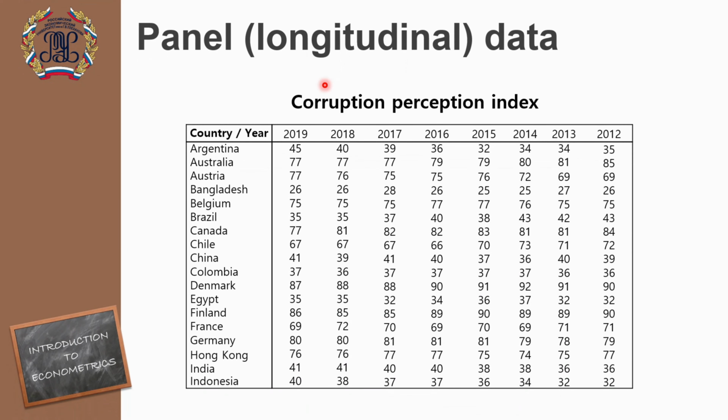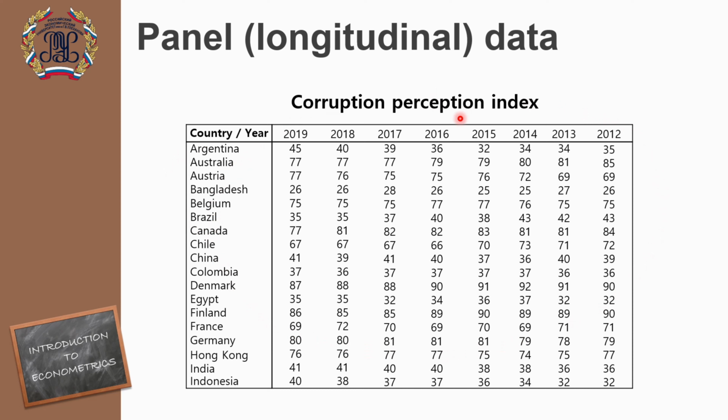If we are talking about panel data, we have, for example, a corruption perception index measured in different countries for different periods of time. You see, in the columns we have the year for which the corruption perception index is measured, and in rows we have the countries. But this is just one dimension.